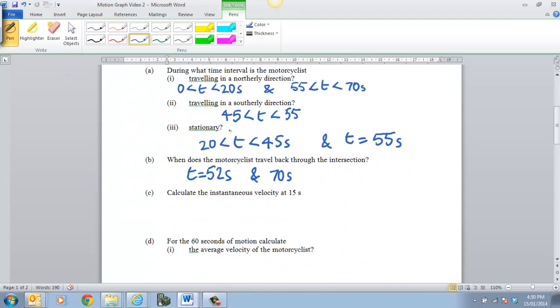So the velocity along that line is going to be the same at any particular time. It's going up 400 over 20 seconds, so that means it's moving at 20 metres per second, and then we should give a direction, so that's north. You've got to give a direction because it's a vector quantity, don't you?